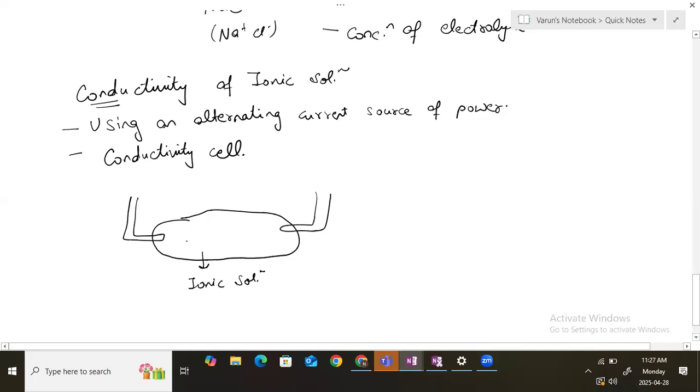Here the electrode is platinum. It is basically a platinum electrode on both sides. L is the length and A is the area of cross section. These are further connected by wire. Got it? Is it clear?